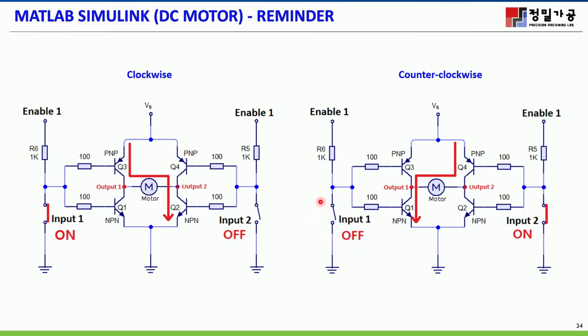This one is open. When open, the state is high. When the state is high, this one is active, this is not active. So basically the current goes through here. So that is the basic principle. I wish you understand my explanation.